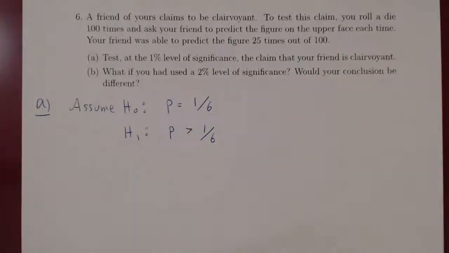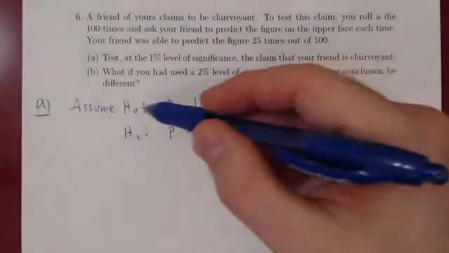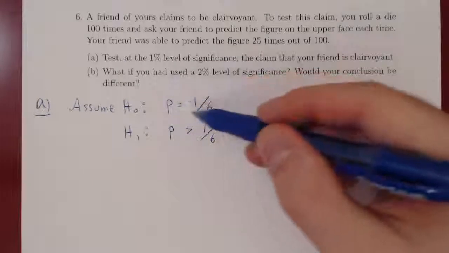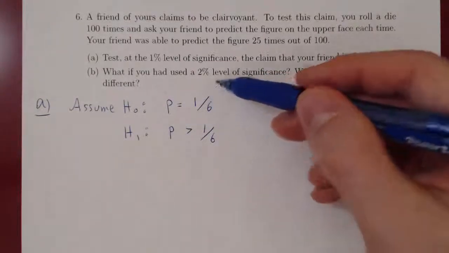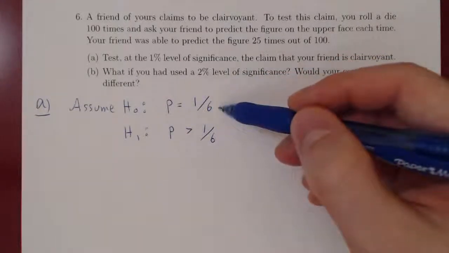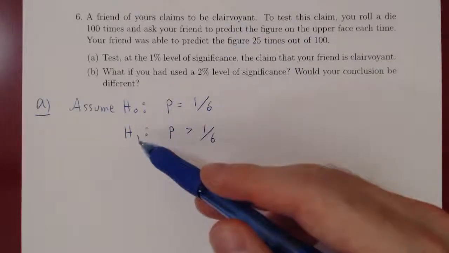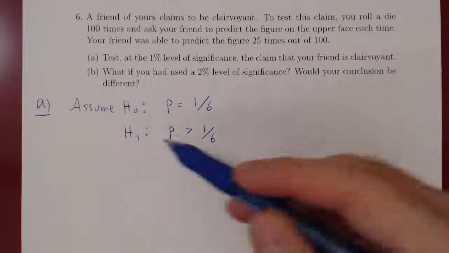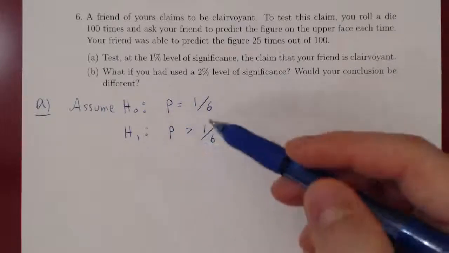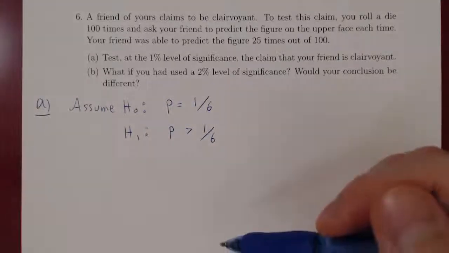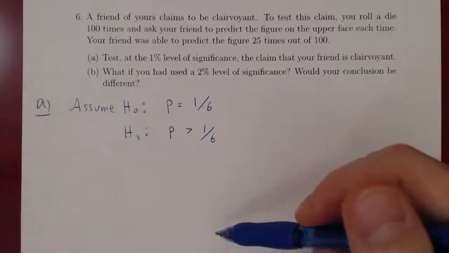So we have our null hypothesis. The status quo is someone is not clairvoyant, so they'll be right by guessing 1 out of 6 times. If they are clairvoyant, our alternate hypothesis, then they'll be right more often, so P will be bigger than 1 over 6.